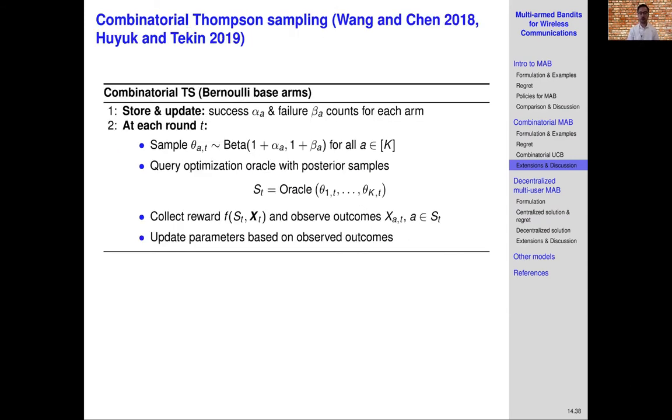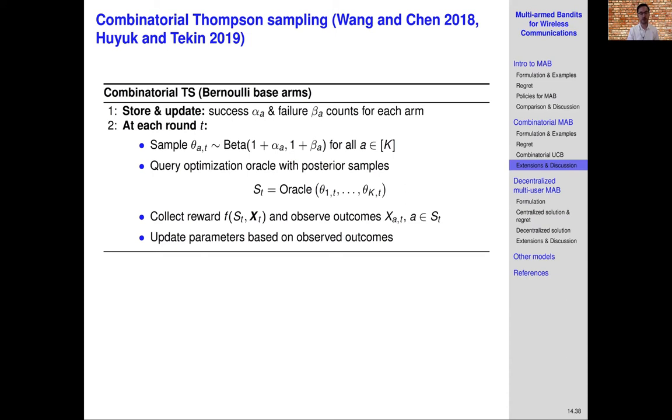Finally, I will also talk about a Thompson sampling-based algorithm called combinatorial Thompson sampling. I will explain how it works when the base arm rewards are Bernoulli. The algorithm stores and updates success and failure counts for each base arm. At each round, it samples a parameter from the posterior of every base arm, and it queries the optimization oracle with posterior samples for the base arms.